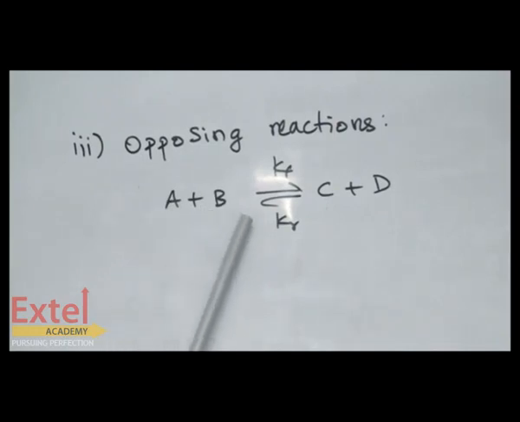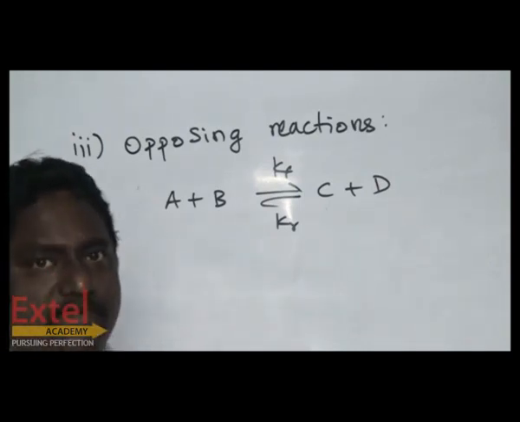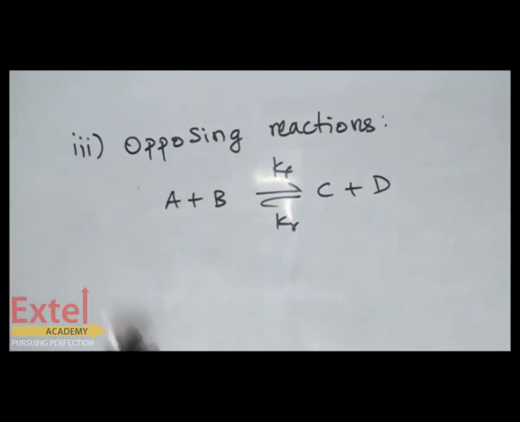A combines with B to form C and D, forward reaction. C combines with D to form A and B, reverse reaction. Since the forward and reverse reactions oppose each other, meeting in opposite directions, these reactions are called opposing reactions. Understood?